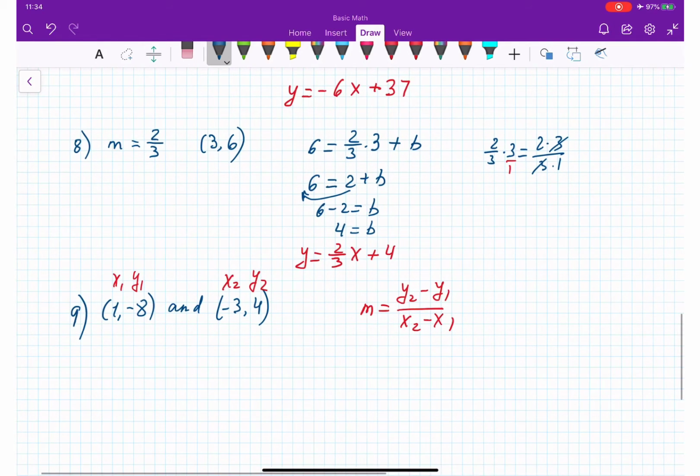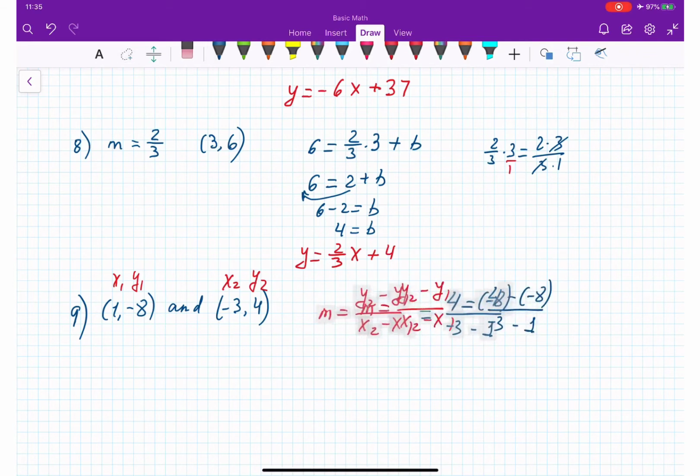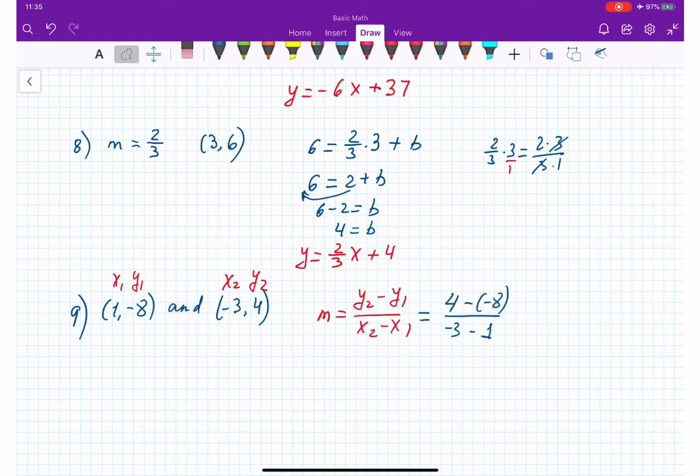So that is going to equal 4, y2, minus -8, over -3 minus 1. How much are we going to get? 4 plus 8 is 12, divided by -4, it's going to be -3. That's right. Our m is going to be -3.